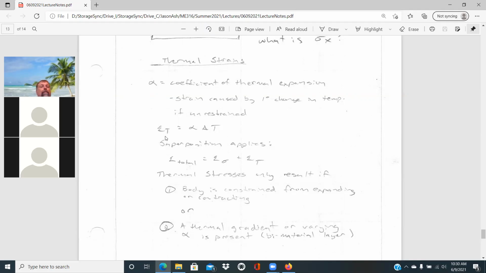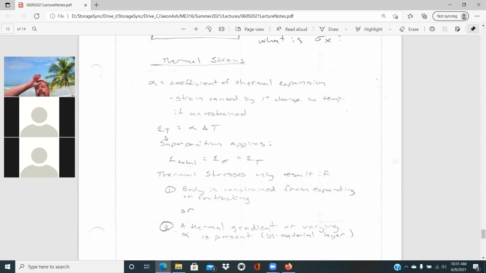But that thermal expansion, that thermal strain, is just going to be equal to the coefficient of thermal expansion times the delta T that it's subjected to. And also superposition applies, so that the total strain is just going to be the sum of any strain due to stress that's being applied, plus any strains due to the thermal effects.